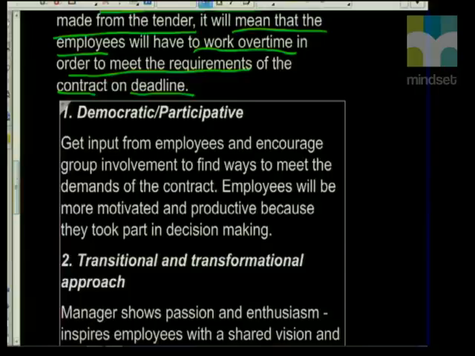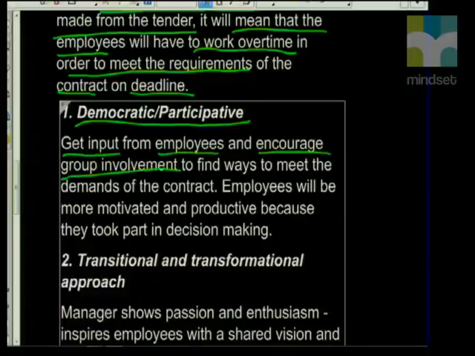So what are the styles that you can use for this scenario? The first one would be democratic or participative leadership style. And what would happen here? So you can get input from your employees and encourage group involvement to find ways to meet the demands of the contract. So pulling your employees in, asking their opinion, how do we move forward? What are your ideas?